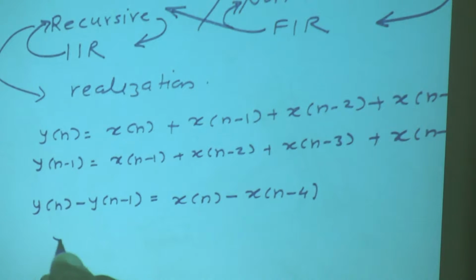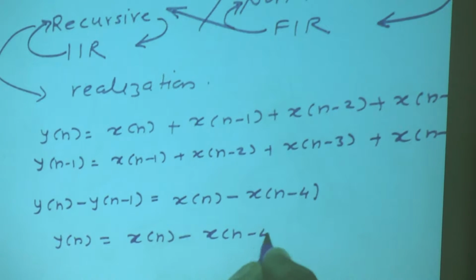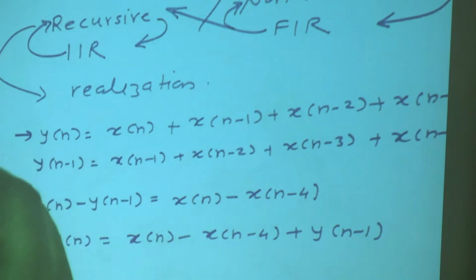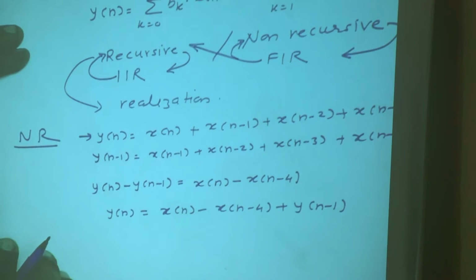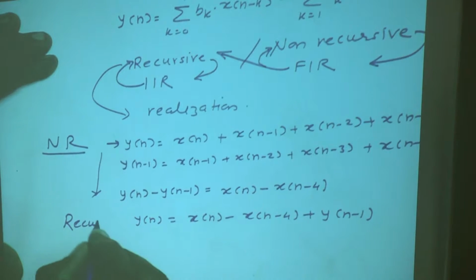So I can write this equation as y of n is equal to x of n minus x of n minus 4 plus y of n minus 1. The first equation is a non-recursive equation. This is converted into a recursive equation.